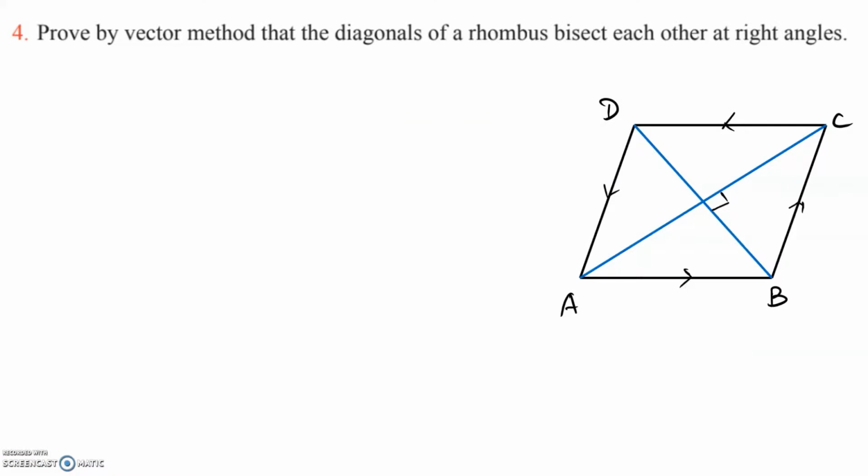In the next problem, we have to prove by vector method that the diagonals of a rhombus bisect each other at right angles. So let's call ABCD a rhombus. ABCD is a rhombus, which means AB is equal to BC is equal to CD is equal to DA.